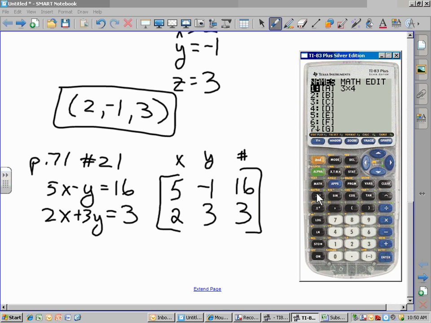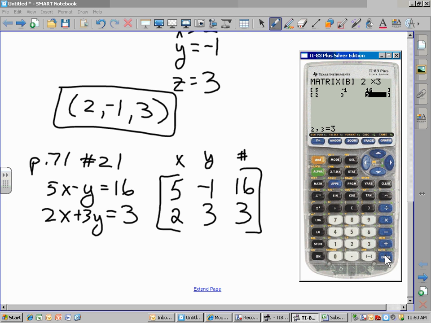Second matrix. We're going to edit. This time we're going to edit B. And again, the dimensions would be 2 and 3. This is a 2 by 3. 5, negative 1, 16, 2, 3, 3. So make sure you get it typed in properly. Again, 2 is the rows, 3 is the columns.